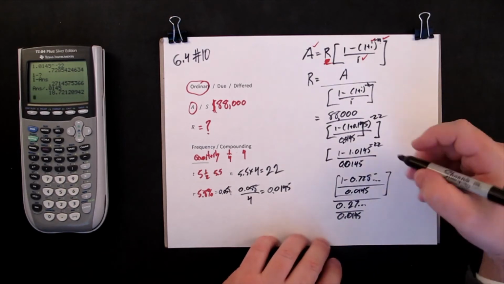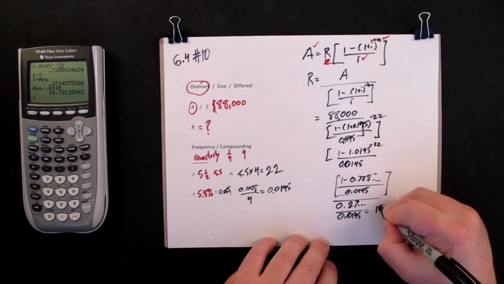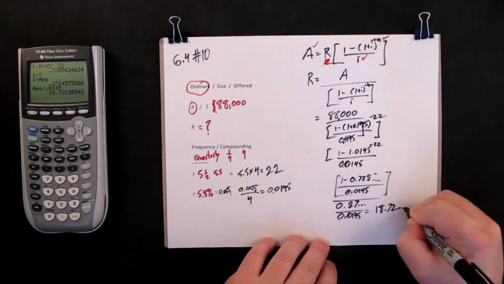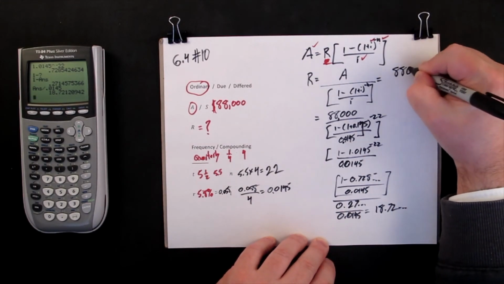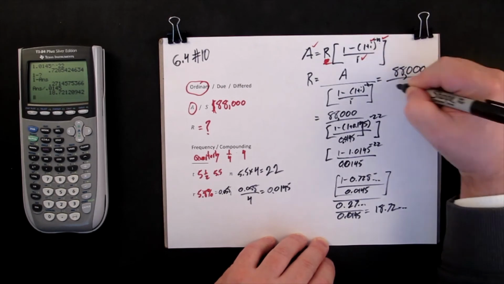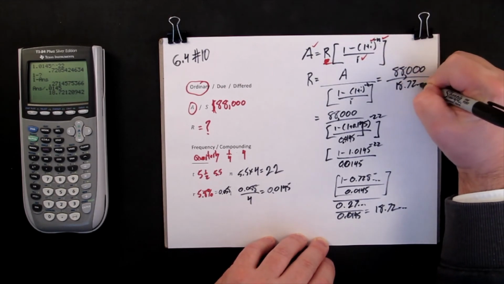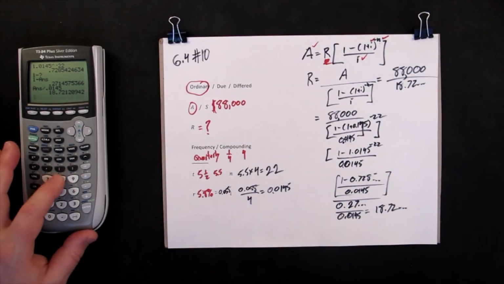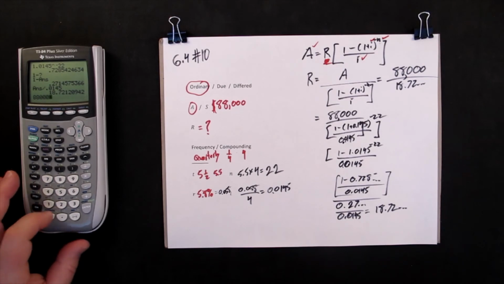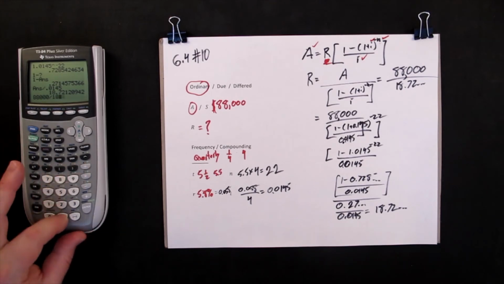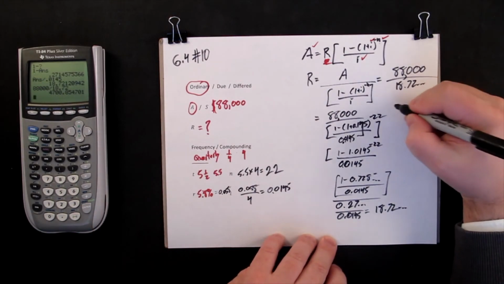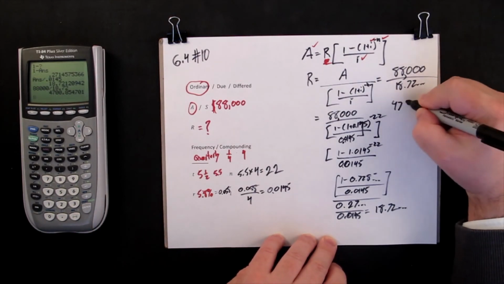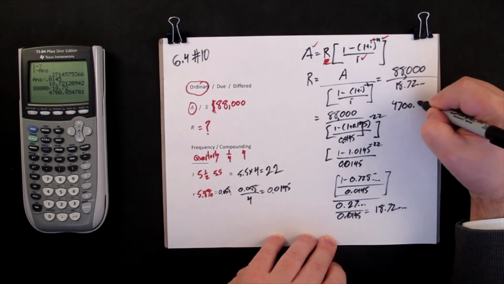That gives us a growth factor of about 18.72. So coming back here, you have 88,000 divided by 18.72. That gives us 4,700 approximately.